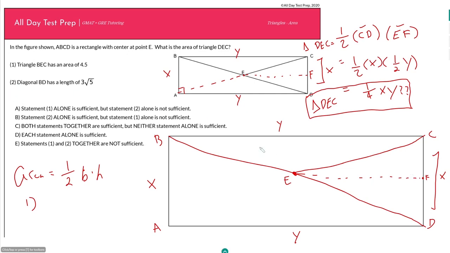So if BEC is this triangle here, they said this has an area of 4.5. So we've got to figure out how BEC is related to this triangle adjacent to it, DEC.